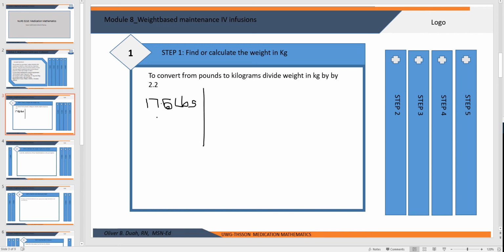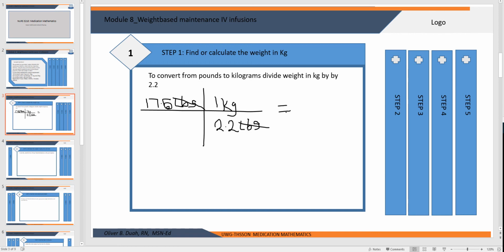If we use dimensional analysis, in every 1 kilogram we have 2.2 pounds. Therefore, pounds will cancel pounds, and now we have 17.6 divided by 2.2.